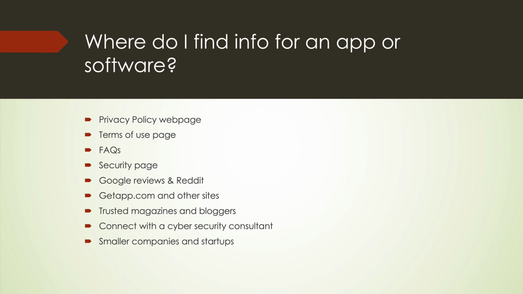Yeah. If you want to find things that might be wrong with it, that maybe the company isn't highlighting, look for reviews on Google. It's a good place to start, right?